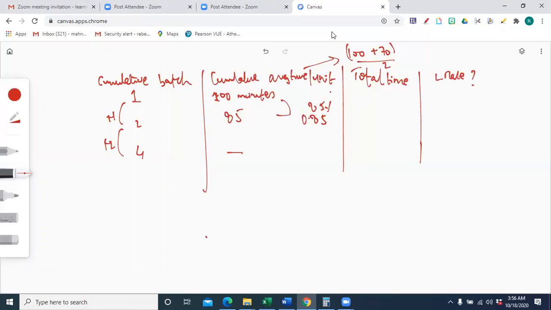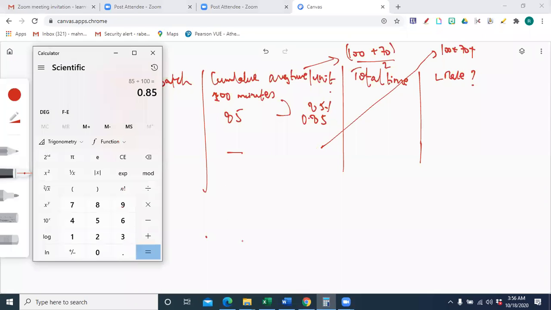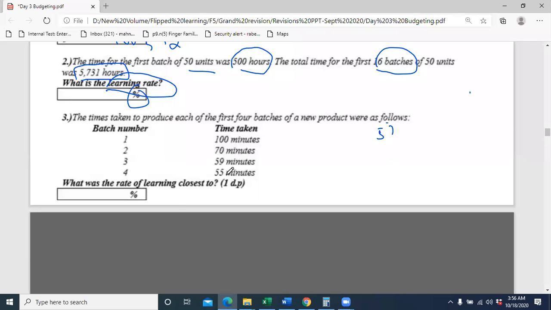Now, how are you going to get the cumulative average time per unit again for 4 batches? Same as we did in case of 2 batches. Now it will be in case of 4 batches. So it's going to be 100 plus 70 plus, you already know the time taken for the third and fourth batch as well, 59 and 55 minutes.